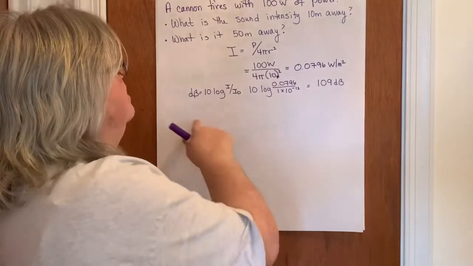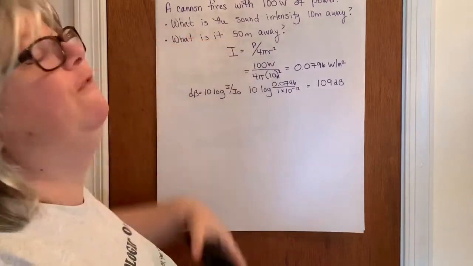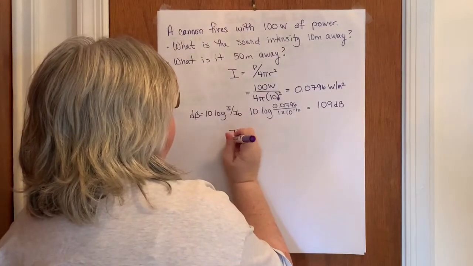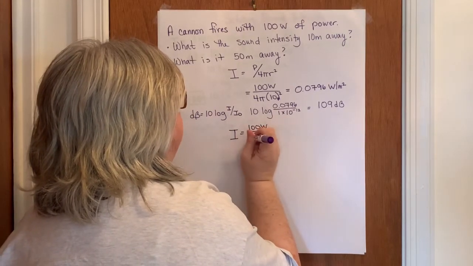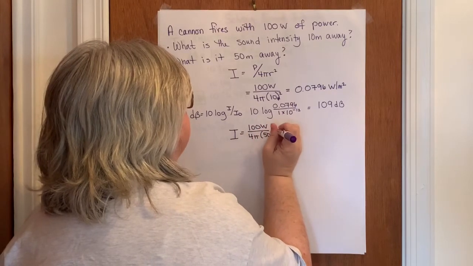Now let's do the same problem, but when we're 50 meters away. So the same power divided by 4 pi times 50 meters squared.